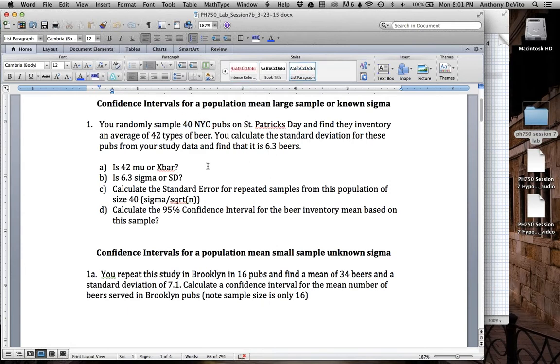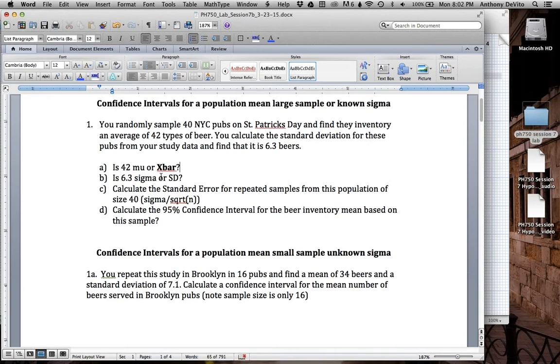Okay, so is 42 mu or x bar? Average of 42 types of beer. That's x bar, right? Because it's a sample mean. Mu would be the population mean, which is not known. Everybody agree with me on that? Okay. Is 6.3 sigma or the sample standard deviation? Is it the population standard deviation or the sample standard deviation?